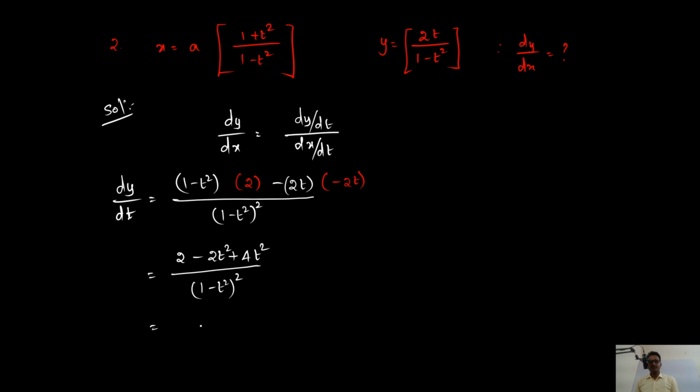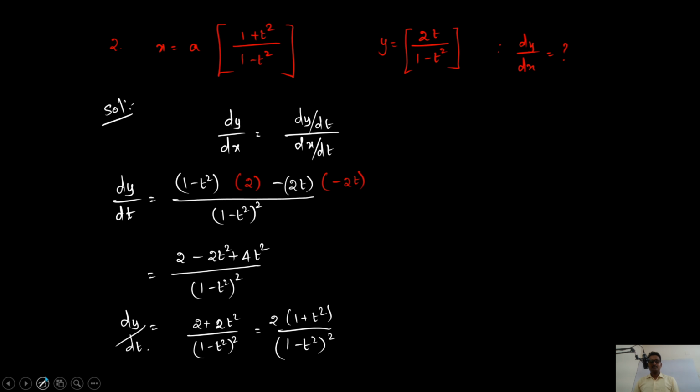If you simplify, you will be getting 2 plus 2t square over 1 minus t square the whole square. In the numerator, 2 is common, so 2 into 1 plus t square over 1 minus t square the whole square. This is the value of dy by dt.